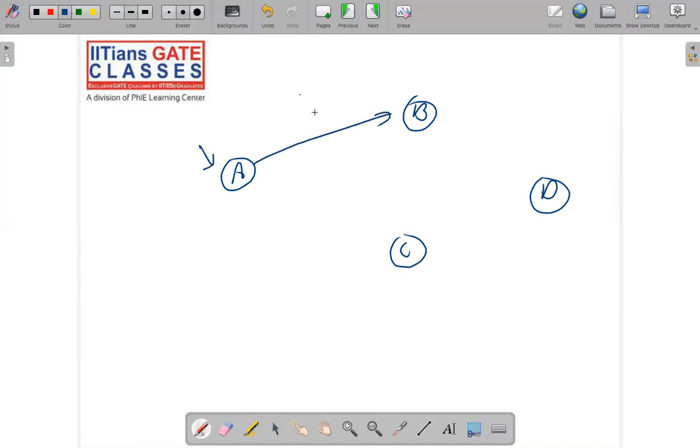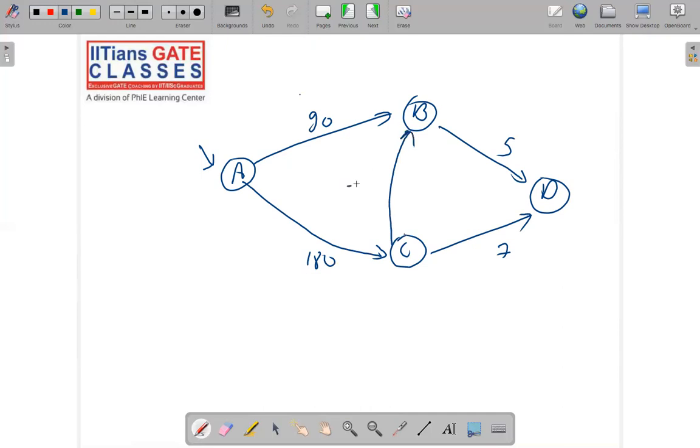A to B is 90, B to D is 5, C to D is 7, A to C is 180, and C to B is minus 178, B to C is 200.